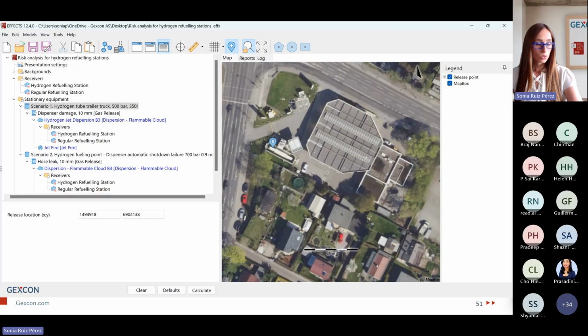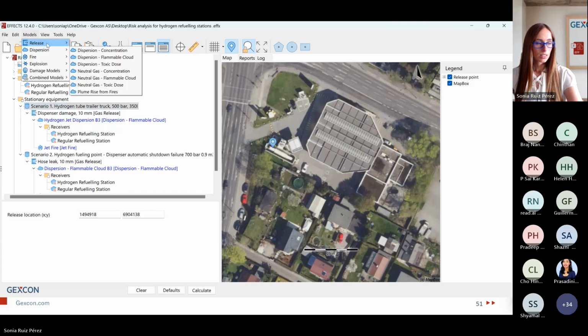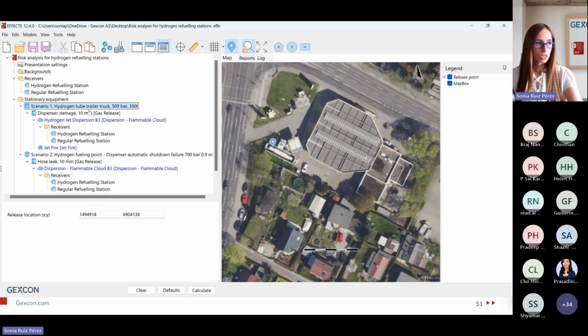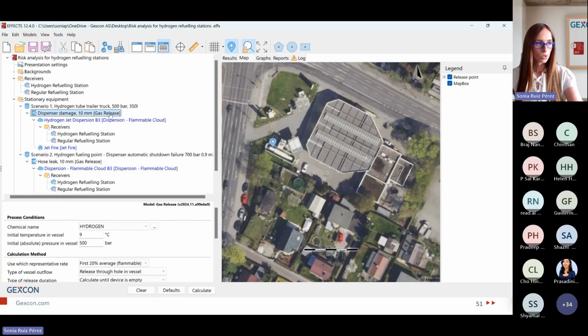And in order to perform these simulations in effects, the first thing that we would need to do is calculate the amount of hydrogen that gets released through the damaged dispenser hose. And for that, we have different release models. Hydrogen is released as a gas, which is why I have a gas release model over here.